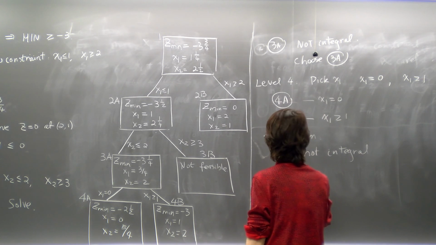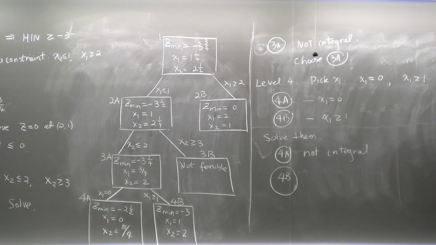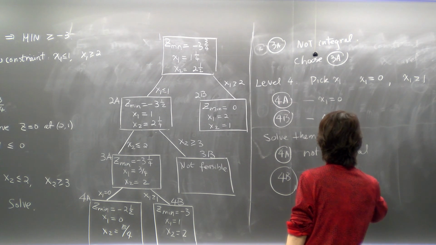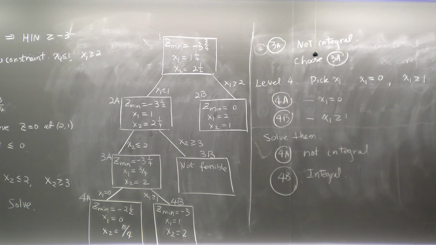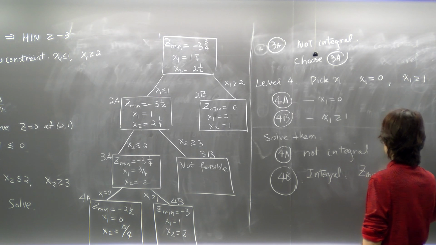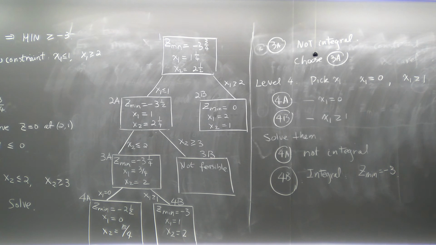And what do you say about the solution in 4b? They're all integers, is that right? So I see that I have found a solution where everything is an integer, and the minimum value at that integer solution is negative 3. Do you think that's the optimal? Do you want to comment? What observation have we made here?